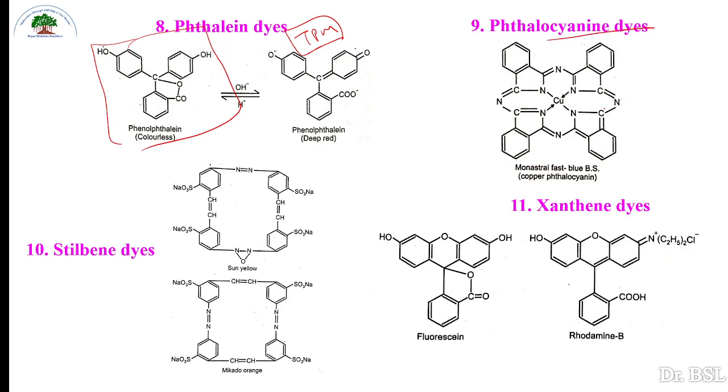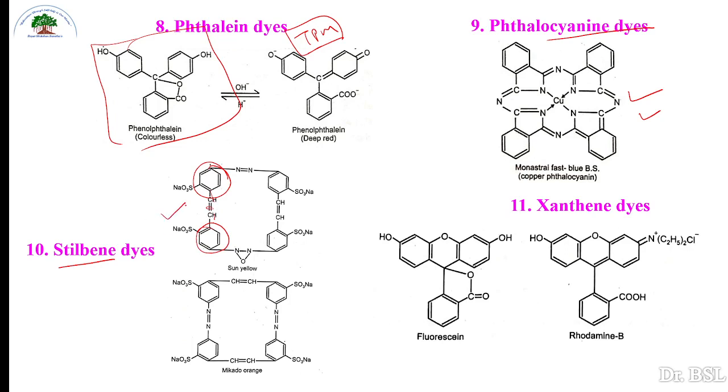Phthalocyanine dyes. This is the structure. Porphyrin rings are there. Central copper is there. These structure containing compounds are known as phthalocyanine dyes. Stilbene dyes. Stilbene dyes are aromatic rings with carbon-carbon linkage linked with another aromatic ring.